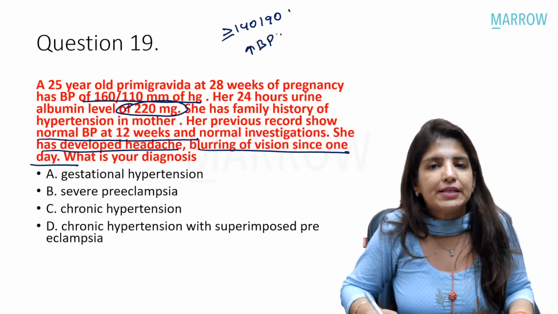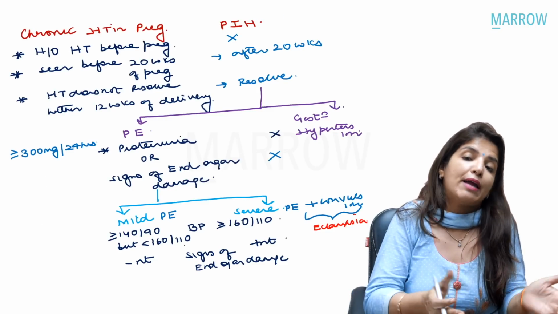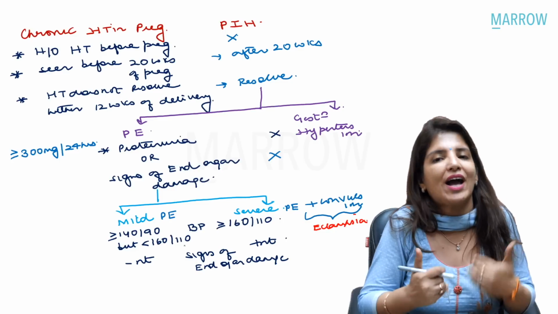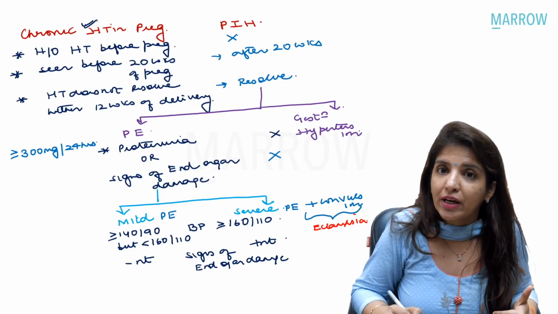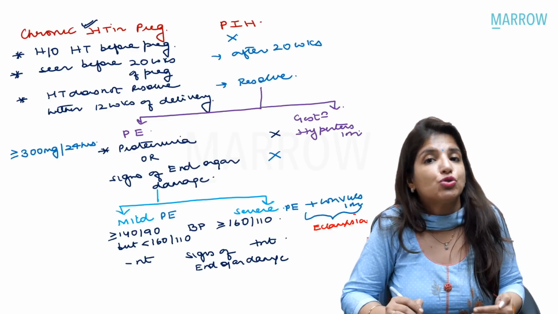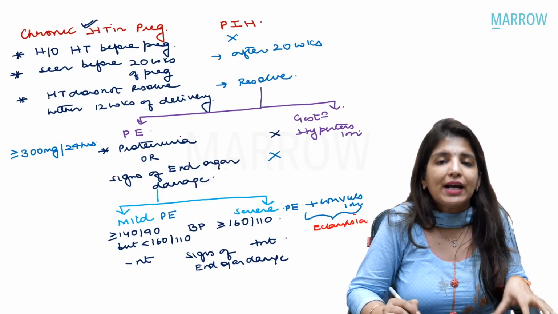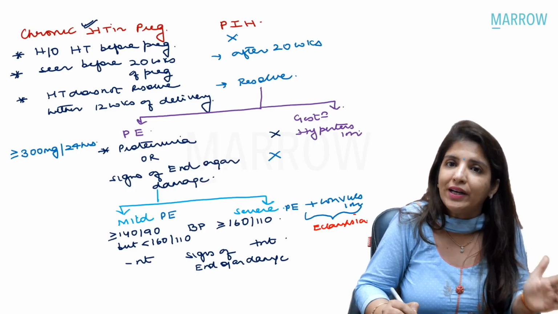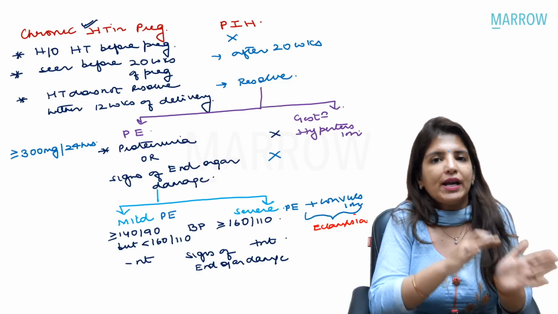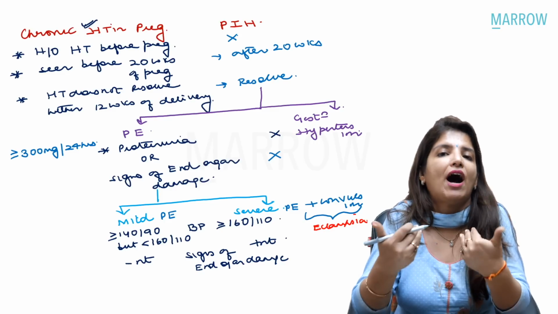Now, whenever BP is high in pregnancy, it could be due to two reasons. It could be that a hypertensive female has conceived, which is called chronic hypertension in pregnancy, or it could be pregnancy-induced hypertension. A very important difference is that in chronic hypertension in pregnancy, the increase in BP will be seen before 20 weeks of pregnancy also, whereas in pregnancy-induced hypertension, the increase in BP will be seen only after 20 weeks.